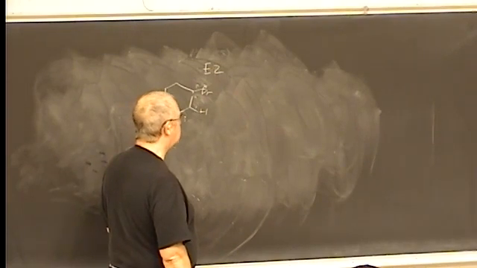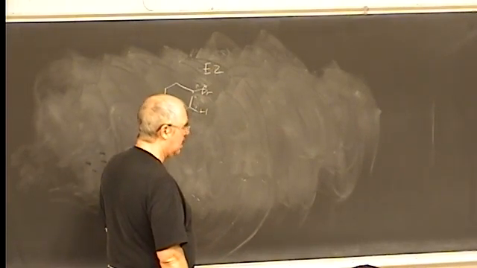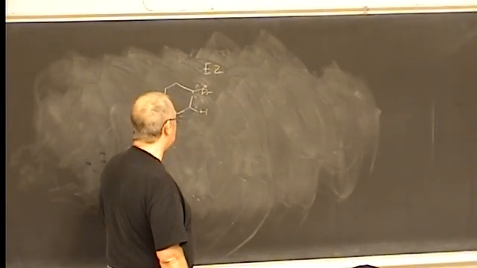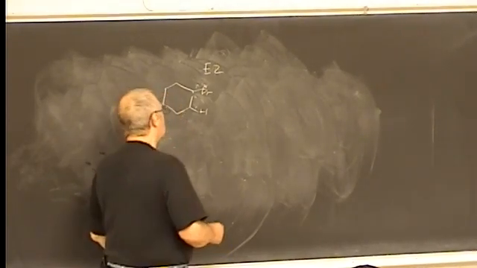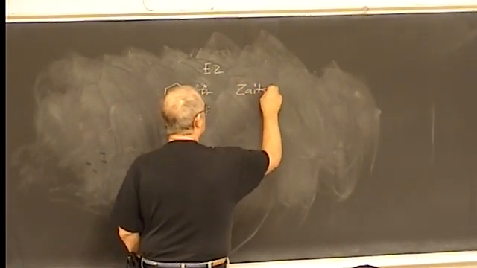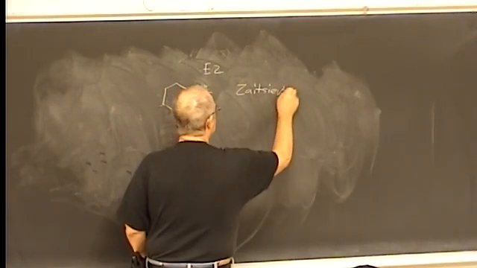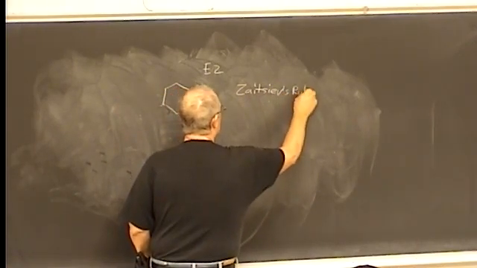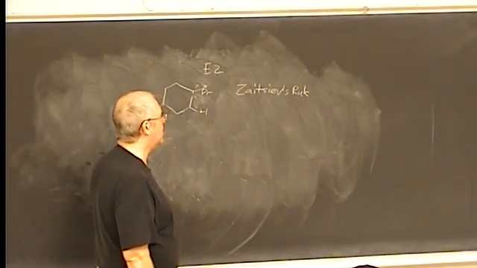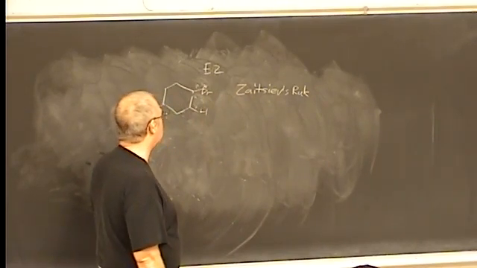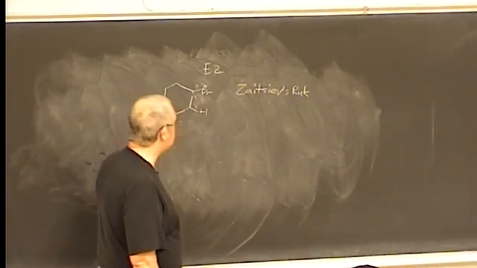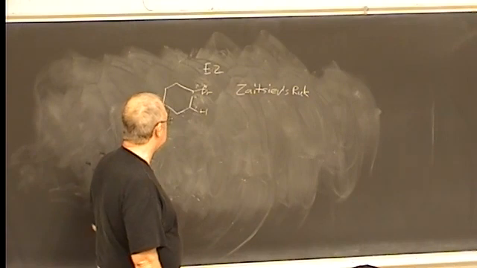In both the E2 and the E1, if there's more than one alkene that can be formed, we can predict the major product using Zaitsev's rule. Zaitsev's rule says that the more stable alkene, the more substituted alkene, will be formed as the major product. This applies to both E1 and E2.